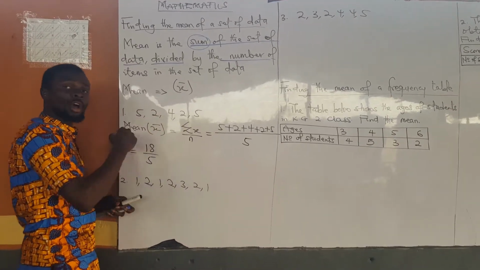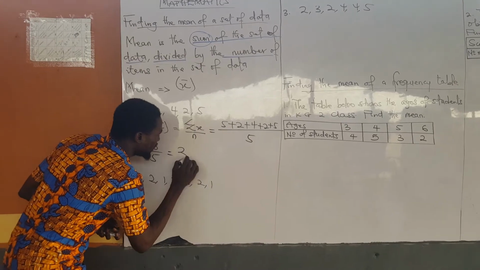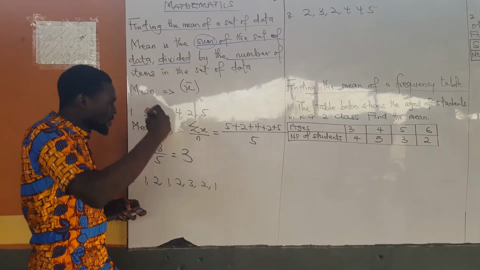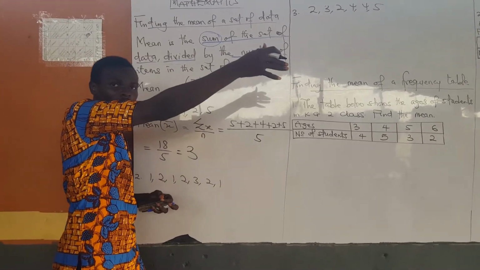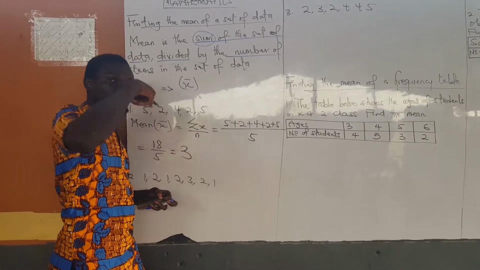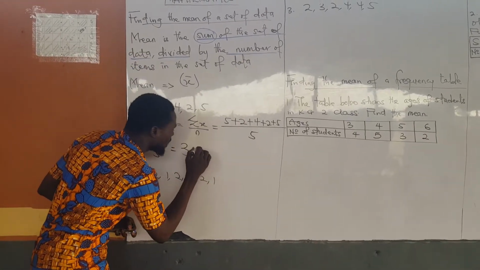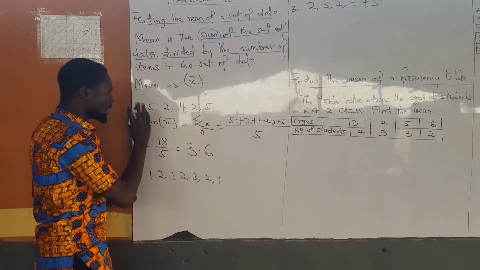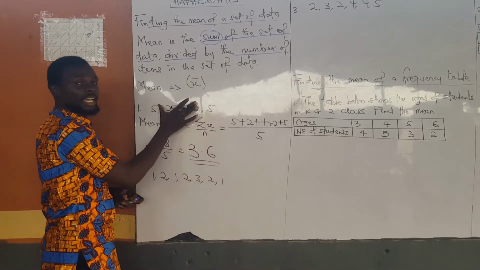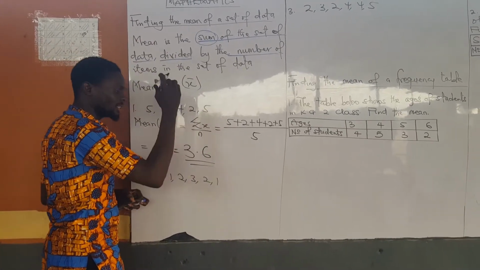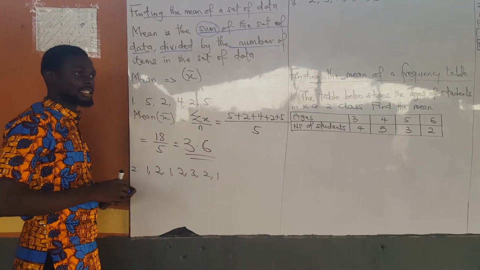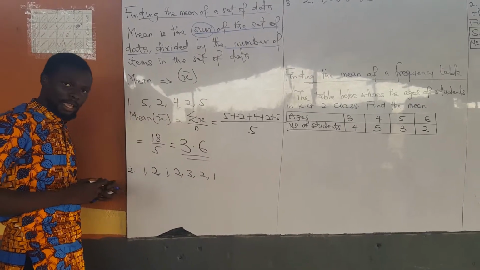In terms of decimal, we get 0.6. So the mean for this set of data is 3.6, as has been indicated here.